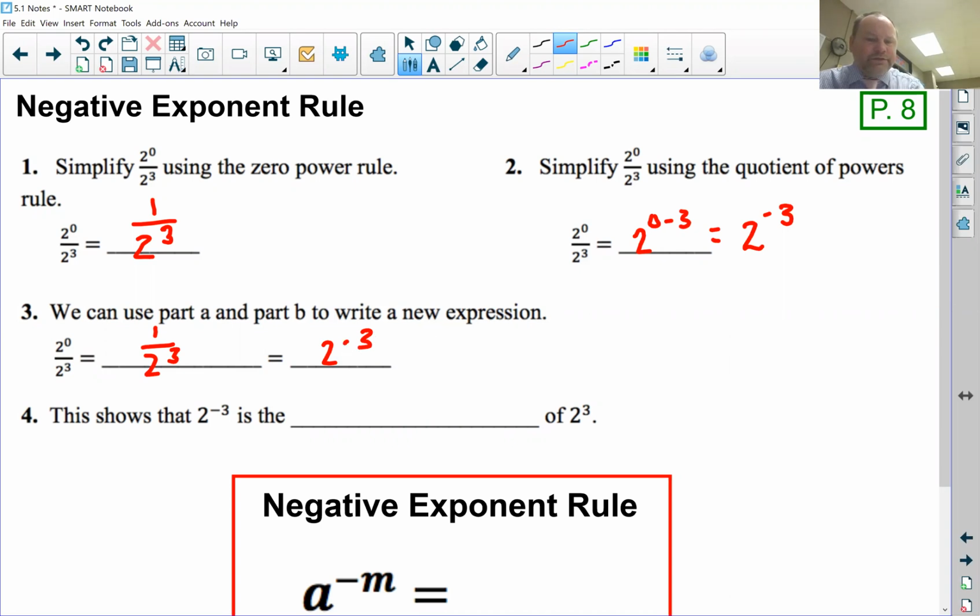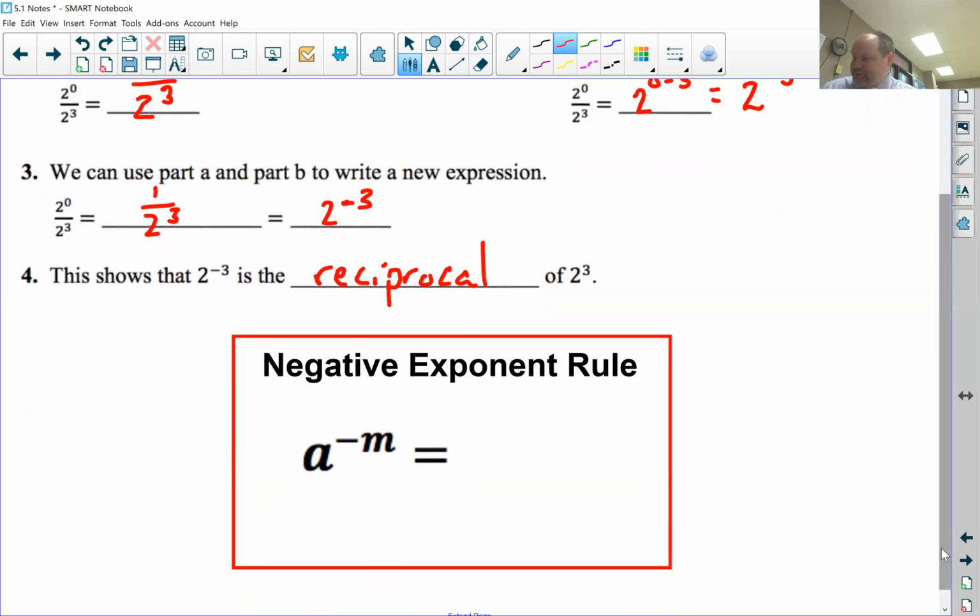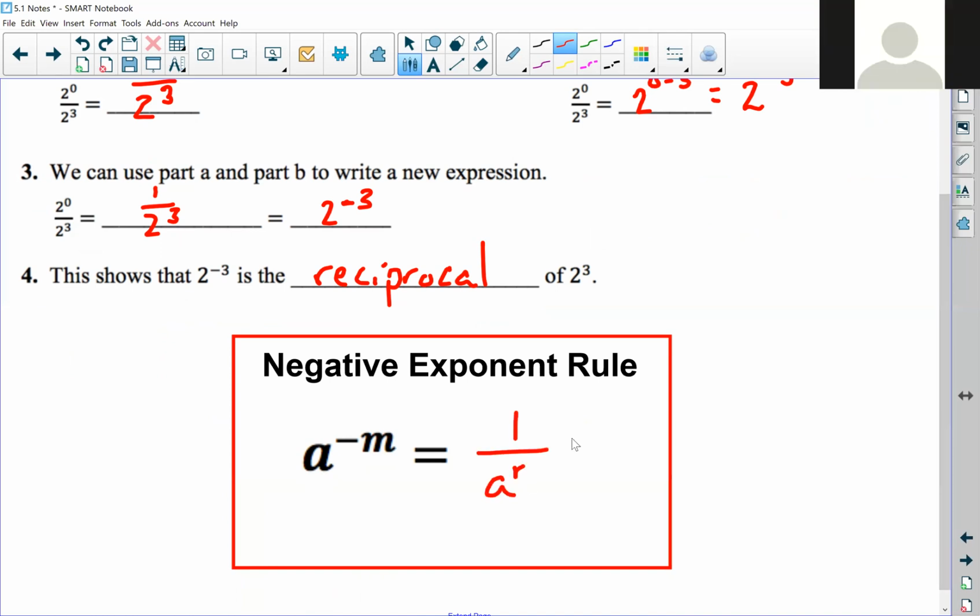And what that means is 2 to the negative 3rd is the reciprocal of 2 to the 3rd. So whenever we have a negative exponent, we can make it positive by writing 1 over that base to that power as a positive value.